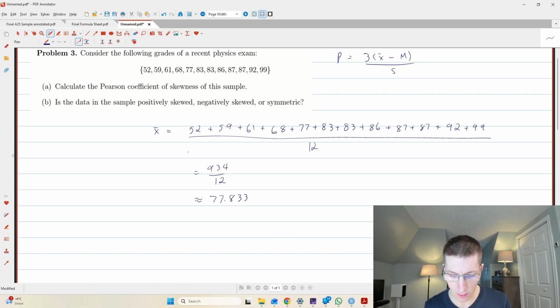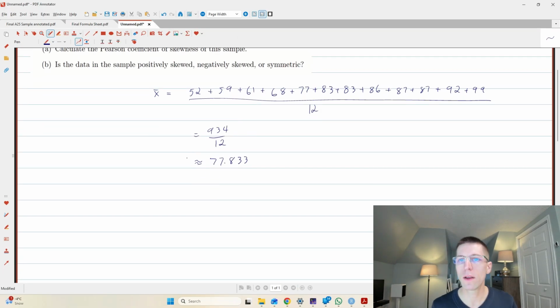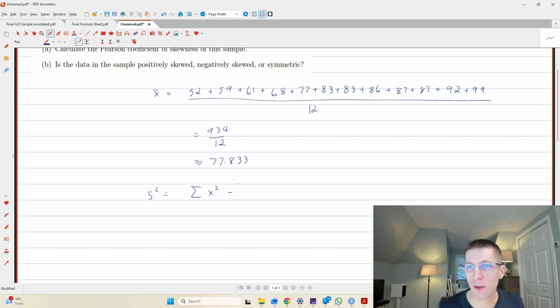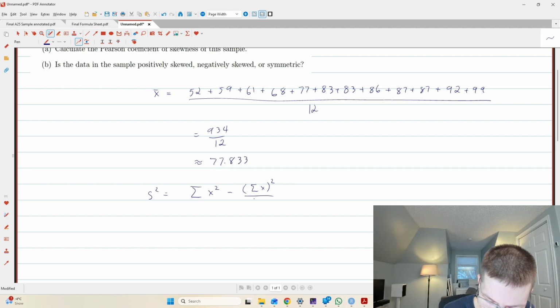So that's going to give us s squared, write it down again. So the sum of x squared minus the sum of each x all squared over n, all over n minus 1.